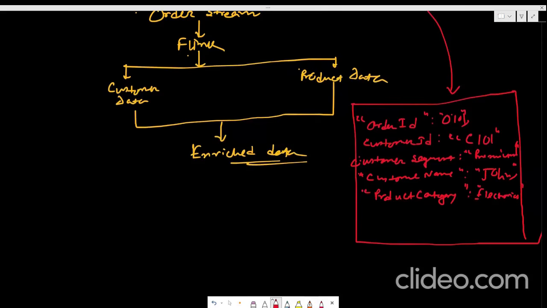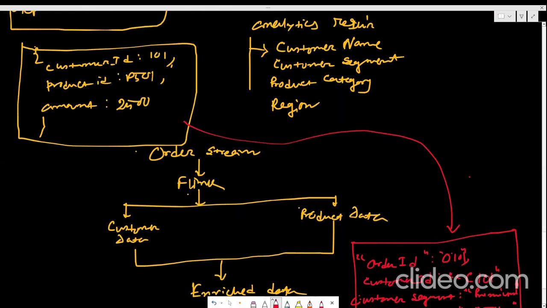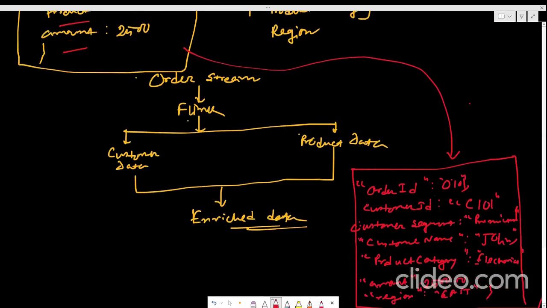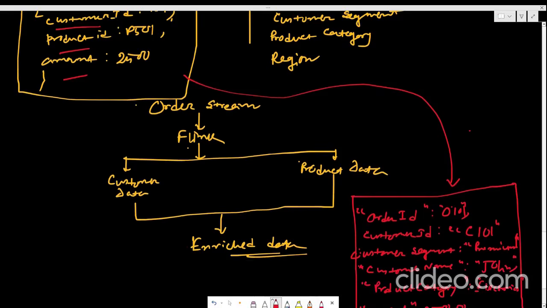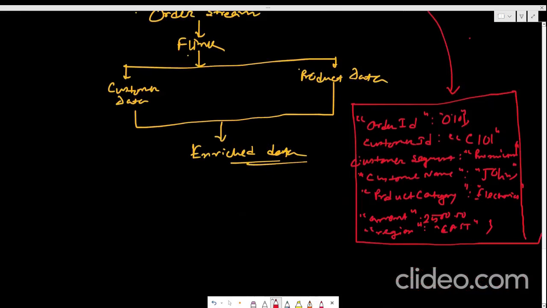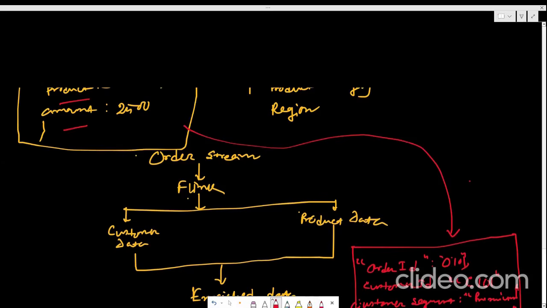Next, the amount was already there for that order, suppose 2,500, but suppose we have configured it as float or double type. And the region we also got, like East region. So see, our source data was like that: only customer ID, product ID and amount. But now we got the data from other data sources and we have enriched the data with whatever is required for the business.